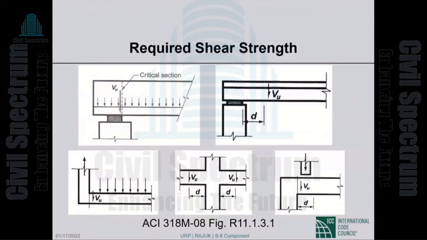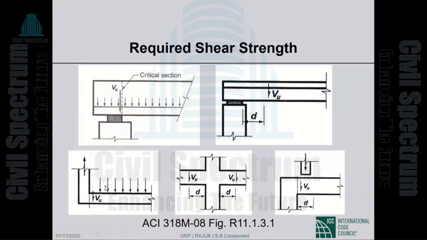Okay, these are some illustrations. The top picture is what I was describing. So this is a precast beam with a ledge. The loading is applied on the ledge, not on the top of the beam. The critical section goes back to the support face. It is not 1d away from the support face.